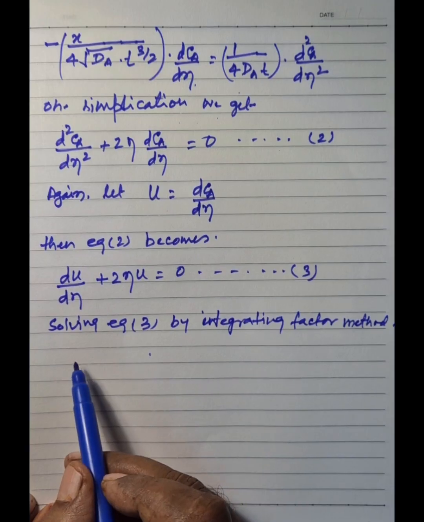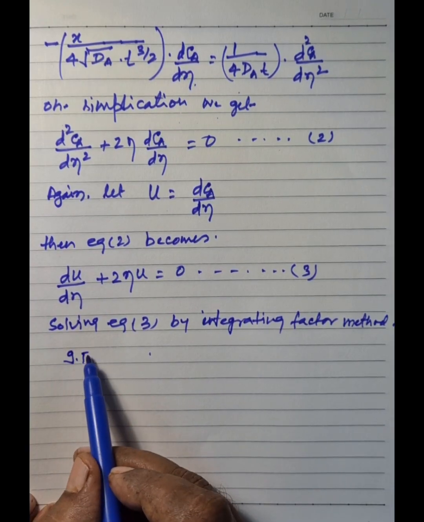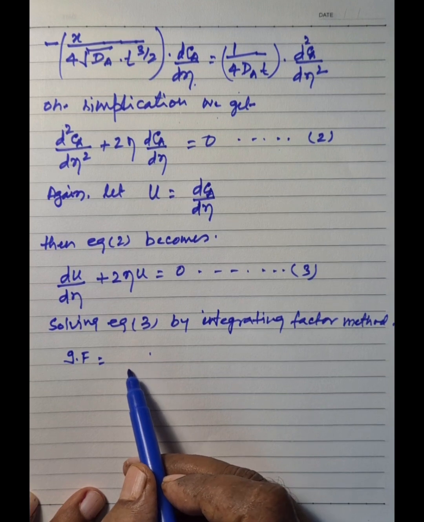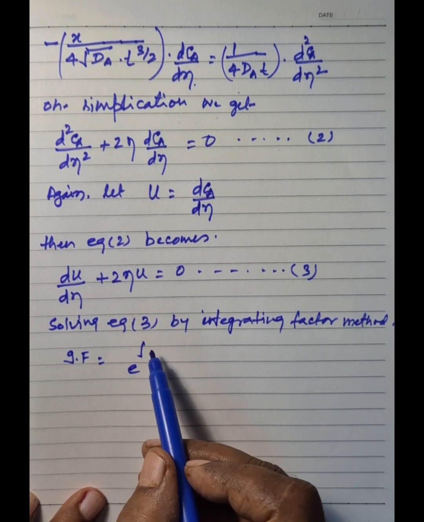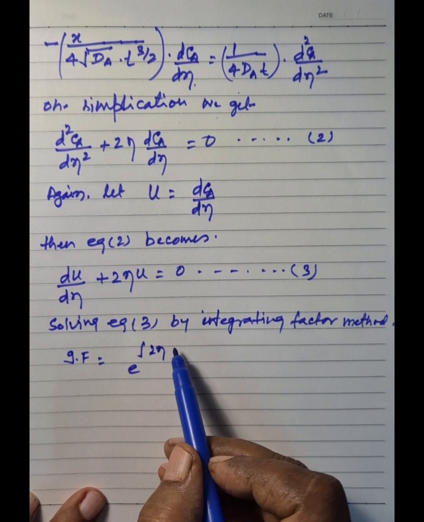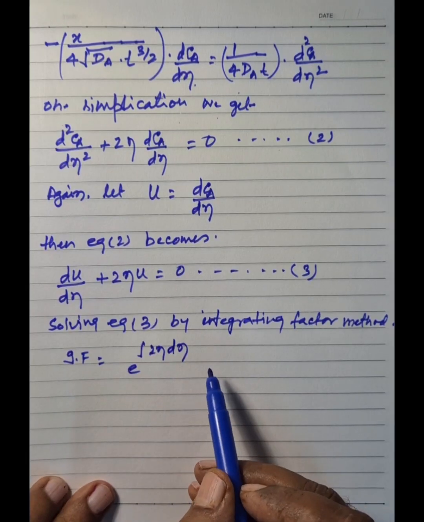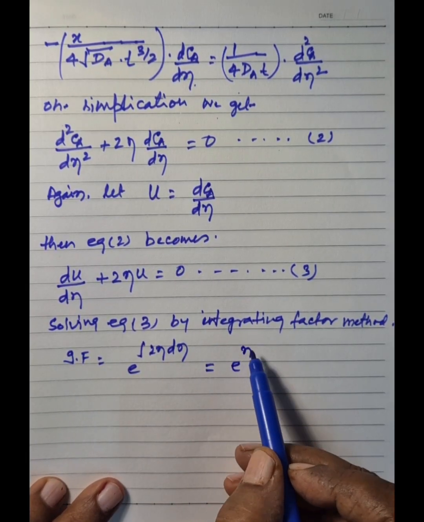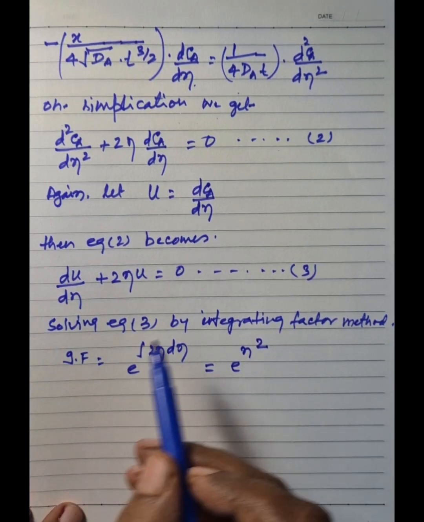The integrating factor can be written as e to the power integral of 2 eta d eta, which is equal to e to the power eta squared.